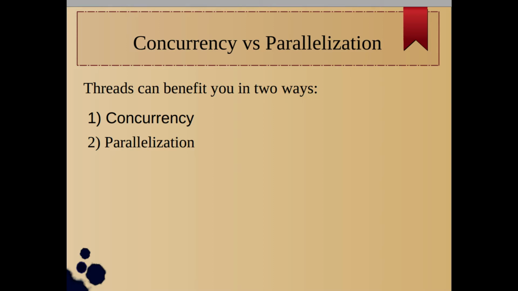So let's talk about something very important, and that's called concurrency versus parallelization. Here you need to understand that threads can benefit you in two ways. We have concurrency and then we have parallelization, and now I'm going to explain the difference.